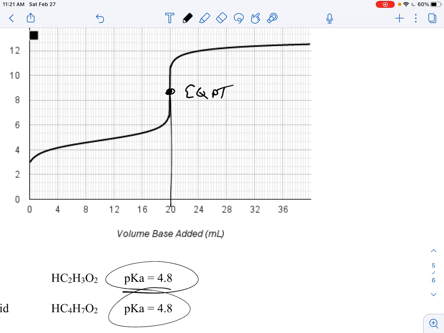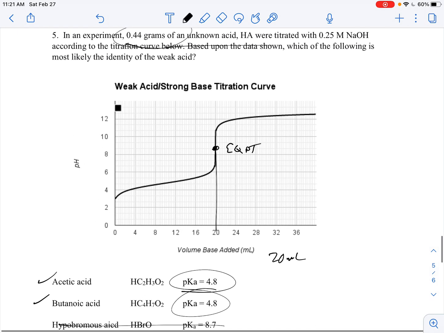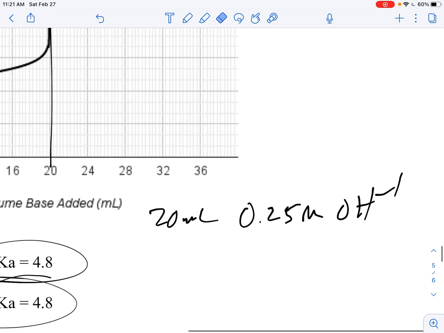Knowing that the equivalence point is right at 20, what we have here is 20 milliliters of 0.25 molarity of my strong base. To put it into proper terms, that would be 0.020 liters times that.